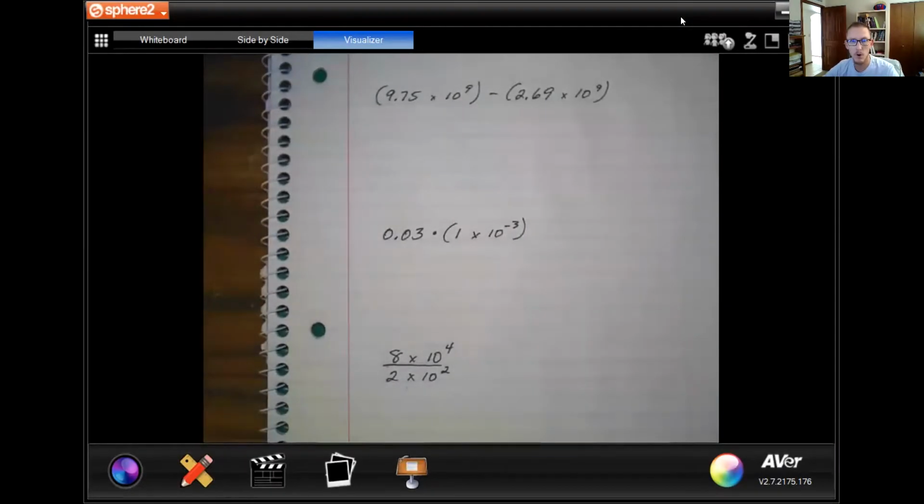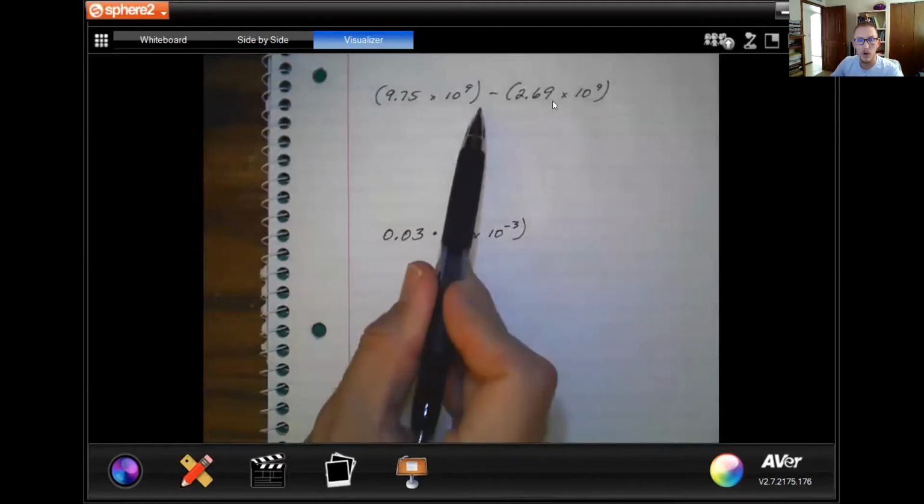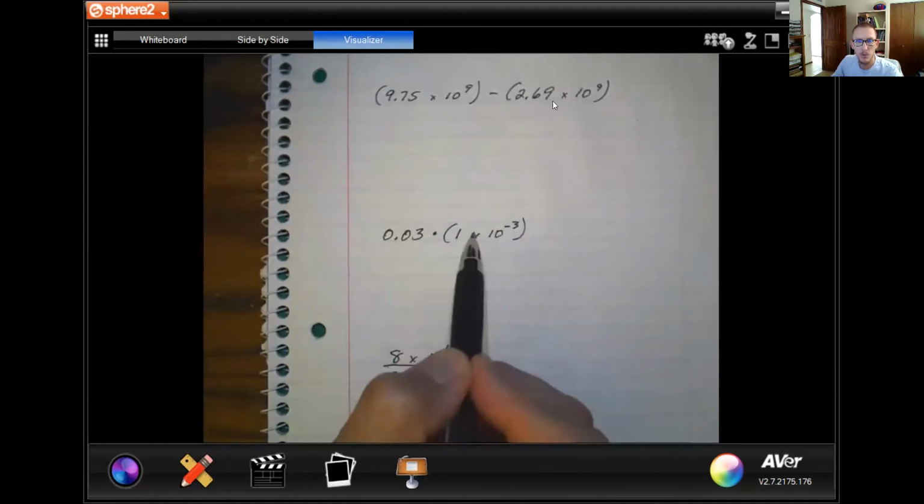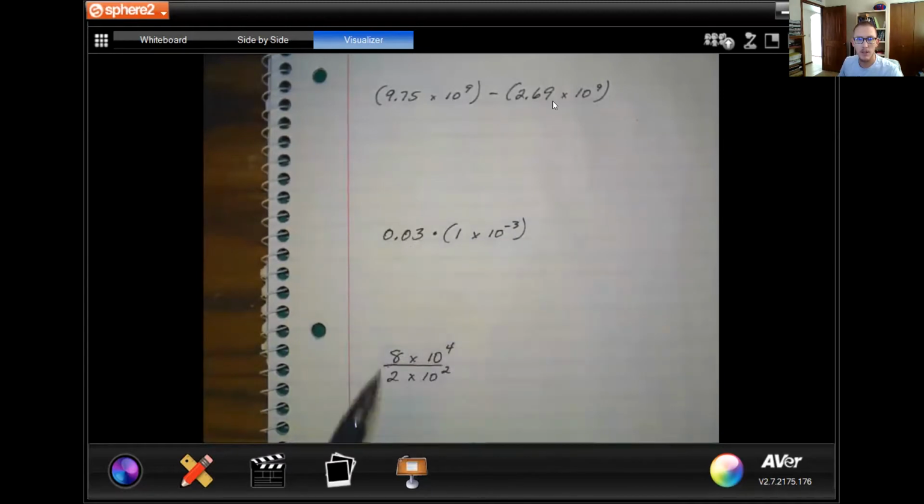You can do this if you want: write it down, go to the calculator, and then solve it. You'll see here that I have a subtraction problem, a unique multiplication problem where I have one number in standard notation and one in scientific, and then I've got a division problem. So I wrote those down, so now I can see them when I put them into the calculator.